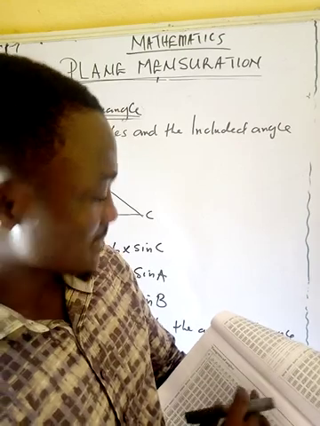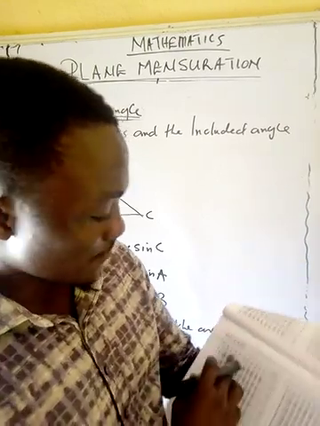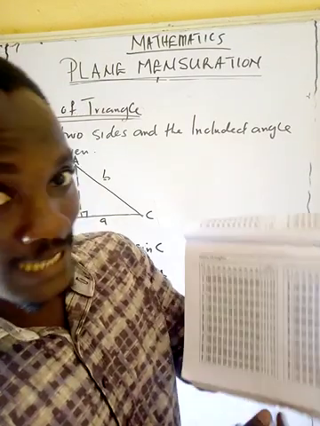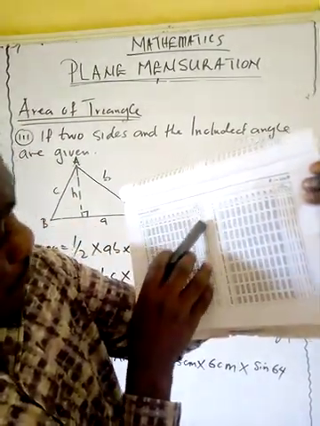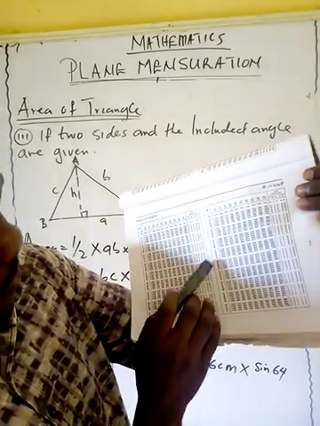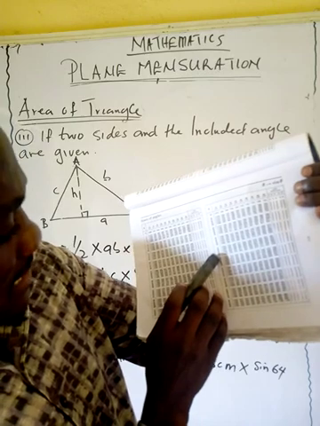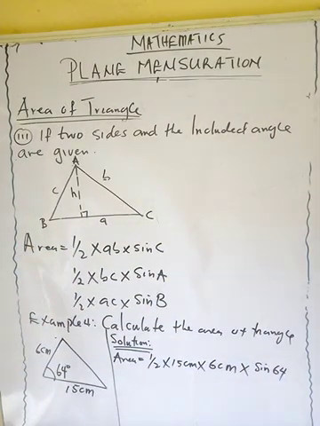This is tangent. Okay, sine, you check your sine 64. From here, sine 64 under 0 degree, you will see 0.8988. That is what we have here now.